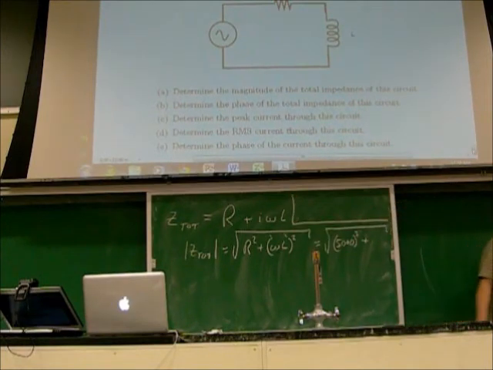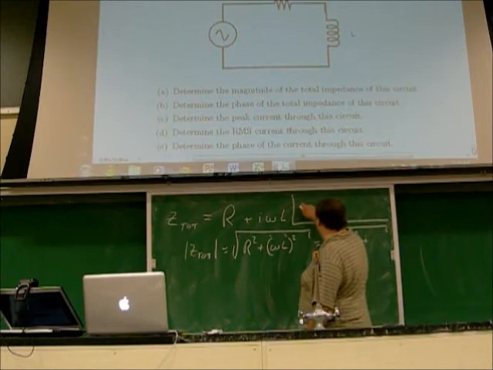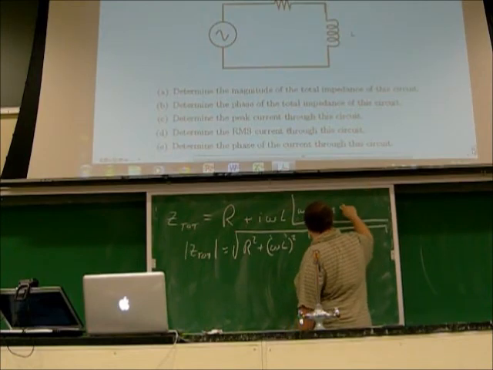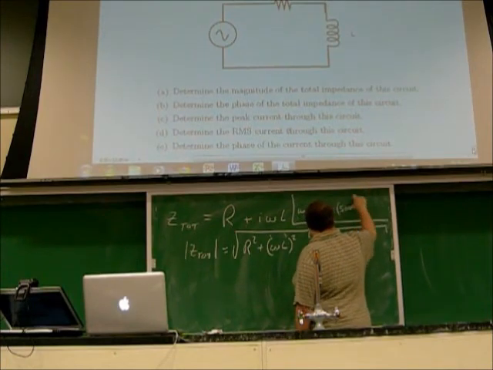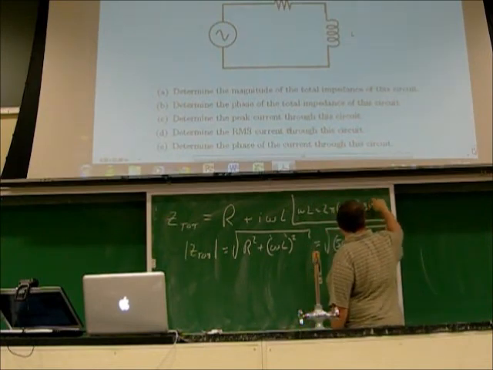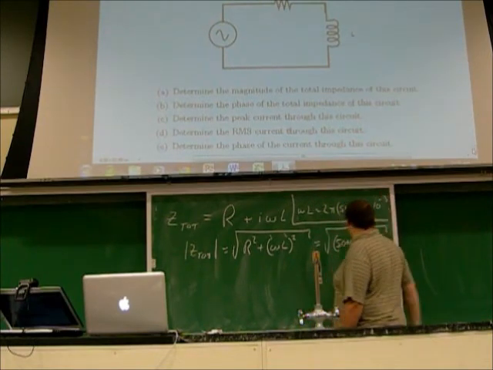Where do I get omega from? 2 pi frequency. So 2 pi times 5,000 times L, which was 3 times 10 to the minus 3.